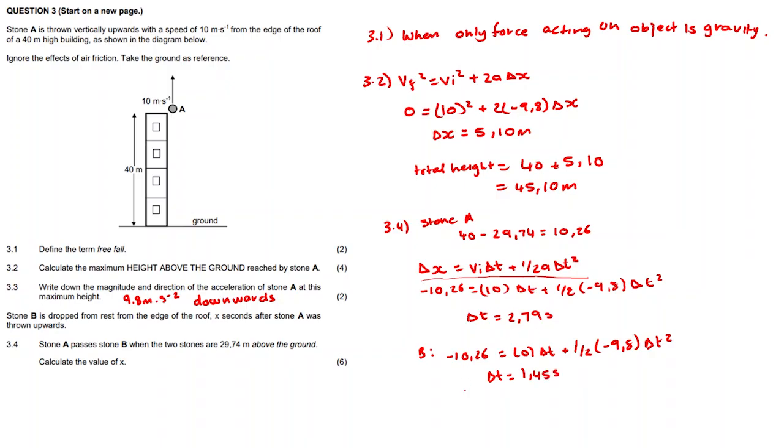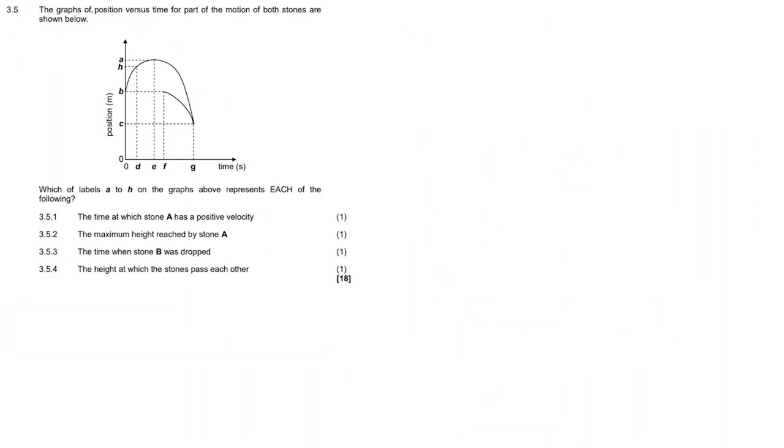We then take our 2 times and subtract 1.45 from 2.79 to get x. And we get x to equal 1.34 seconds.